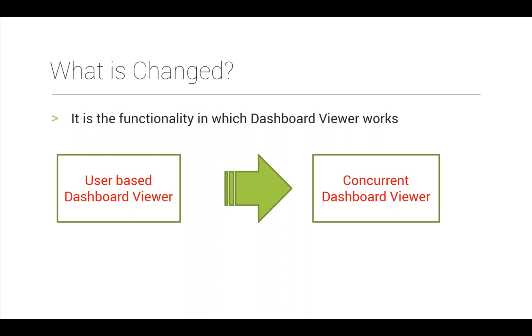In order to understand the change, let me quickly explain how the existing dashboard viewer works. The existing dashboard viewer license is attached to a particular user. Though it does not have any login credentials or direct access to the product, this dashboard viewer would still be attached to a particular user using the browser sessions they use.